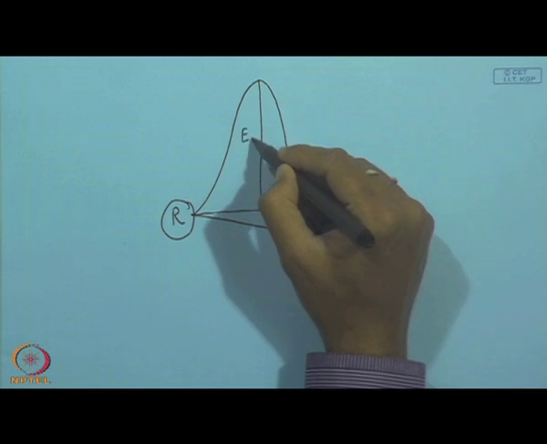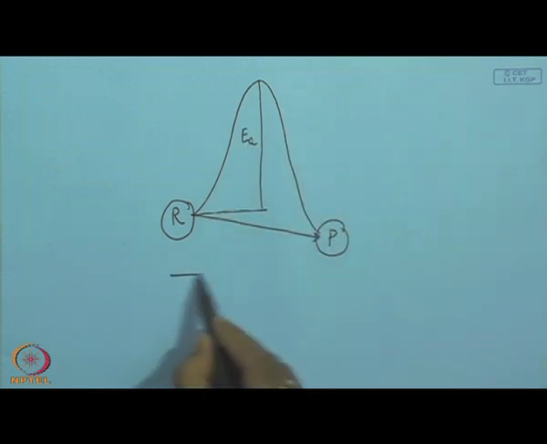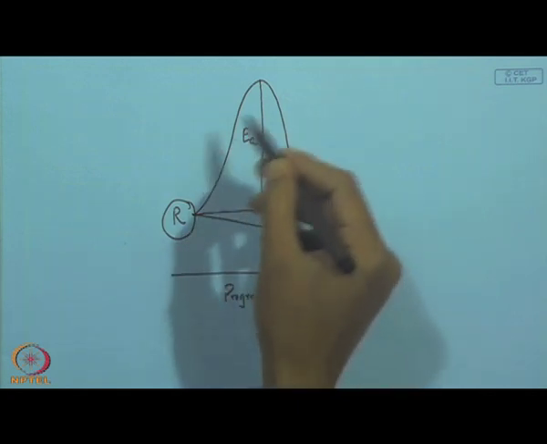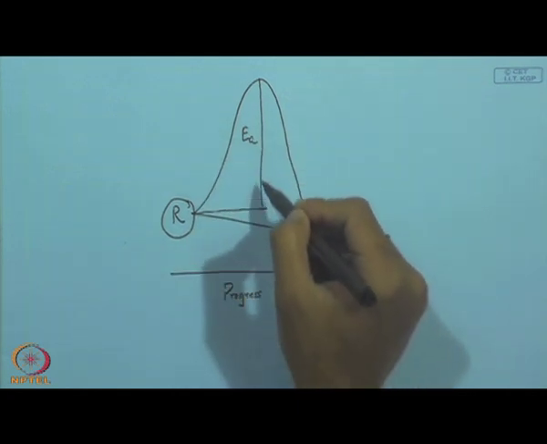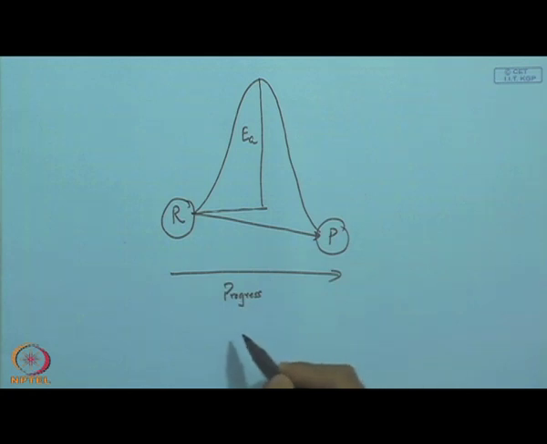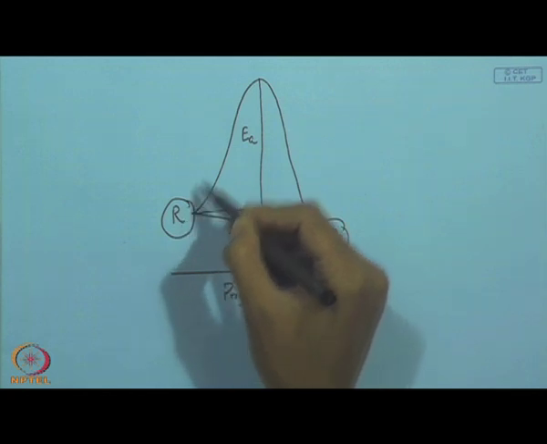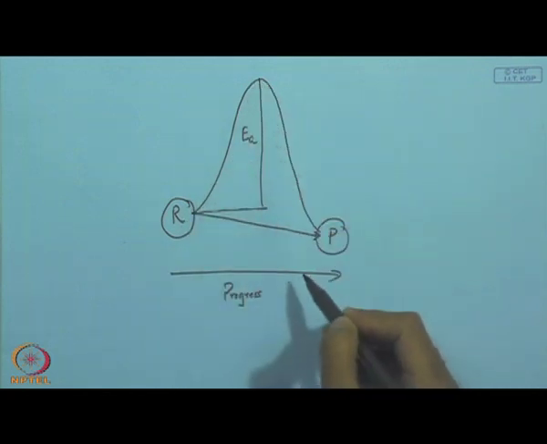So, this is EA, and this is the progress of reaction, or may be called the reaction coordinate. You must cross the barrier, so this much energy must be supplied from outside in order that the reactant can cross the barrier, otherwise the reaction will not take place.